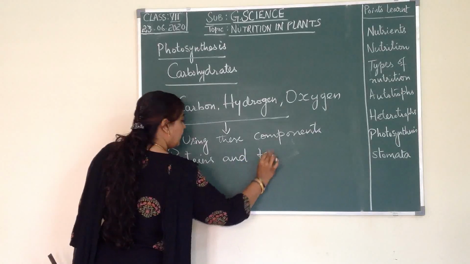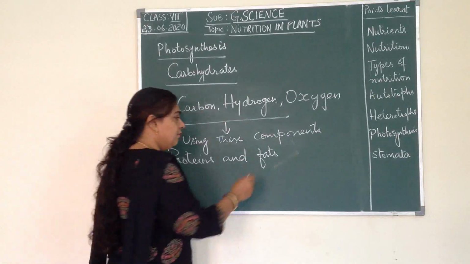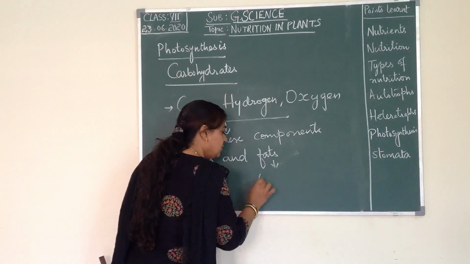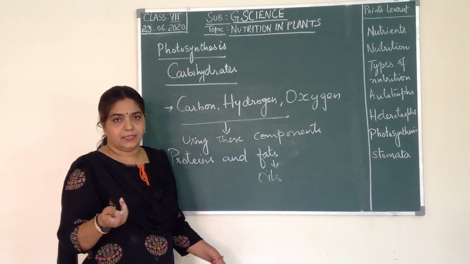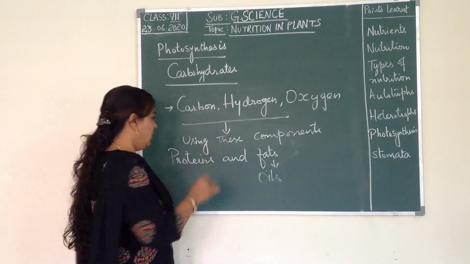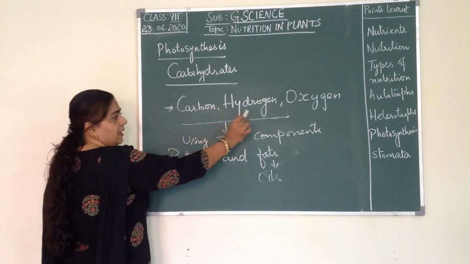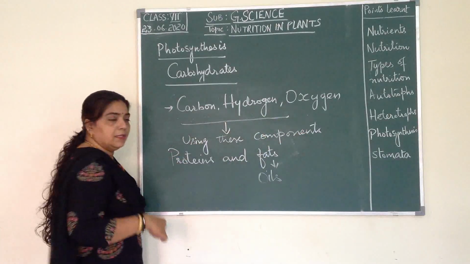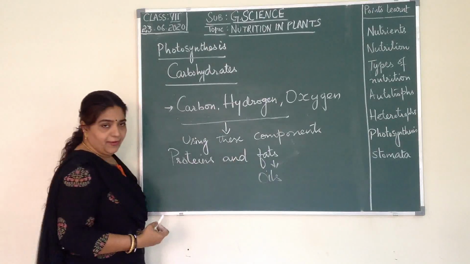So don't think when I say fats, it is the fat like ghee or butter. Fat is nothing but, in case of plants, the oils, right? So we have oil seeds, that is groundnut, so it has oil. So using these three components, that is carbon, hydrogen and oxygen, they also make proteins and fats.